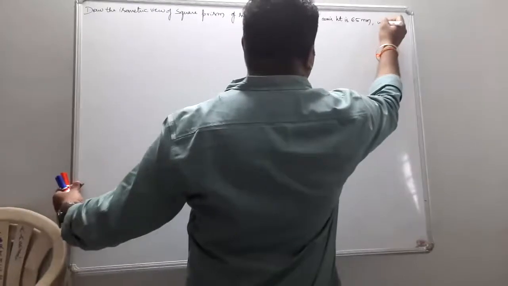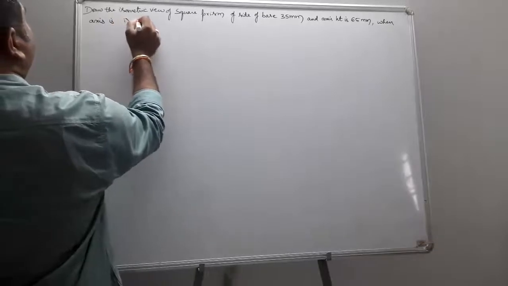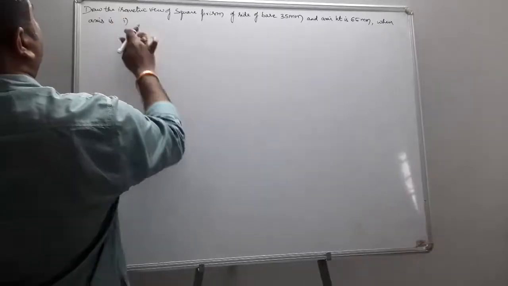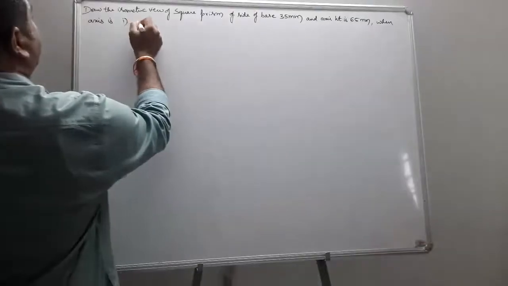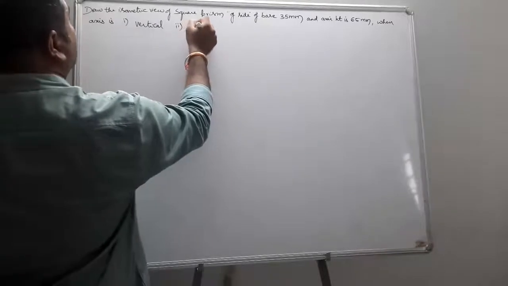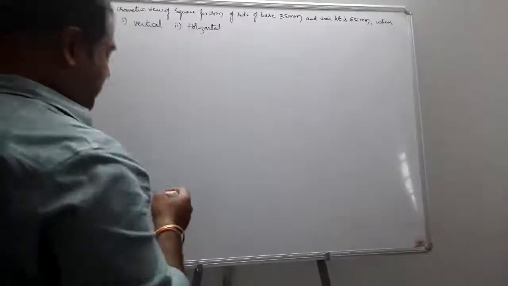When the axis is vertical, and the second one is horizontal. So what is our isometric axis?